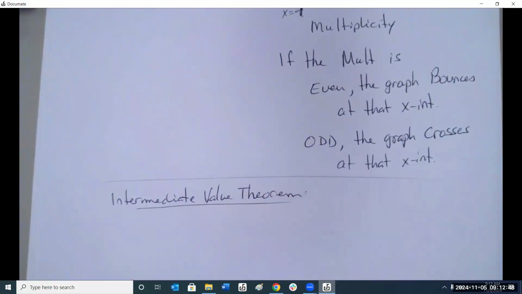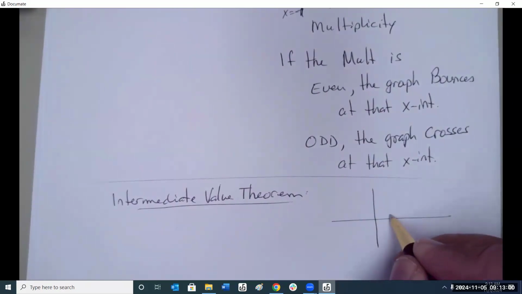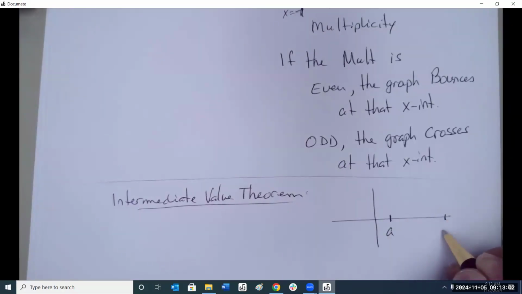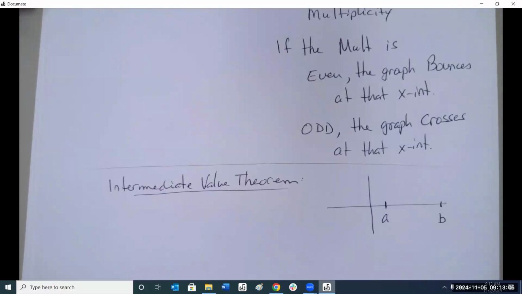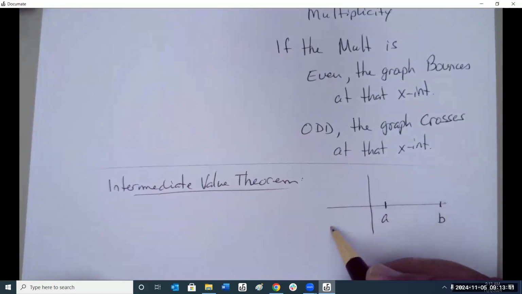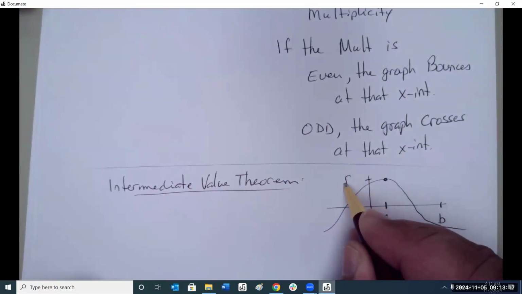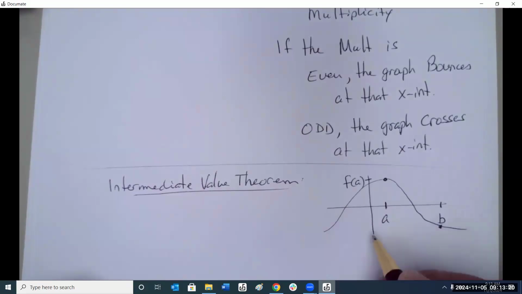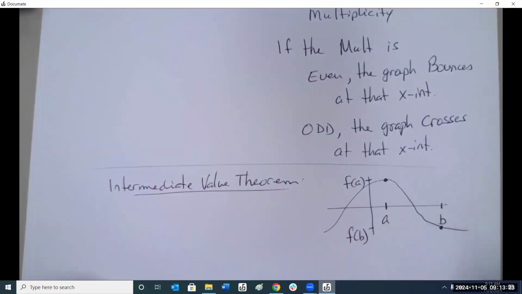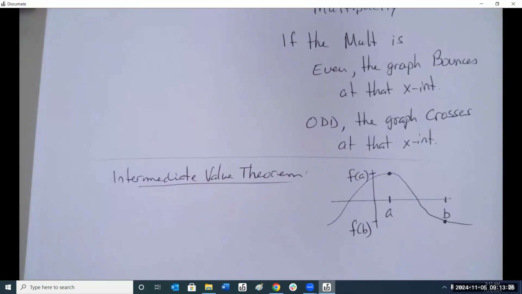There's something called the intermediate value theorem that tells us this. If we have a continuous function on an interval, so there is f of a, and here is f of b. This is what the intermediate value theorem says.